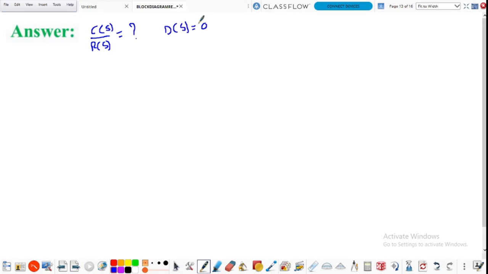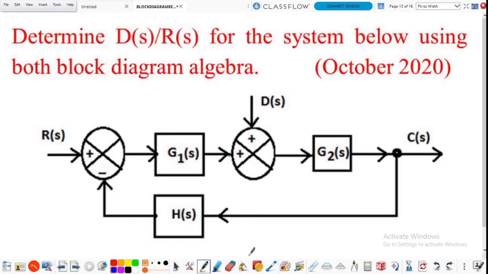D of s equal to 0 means neglecting this summing point, removing this summing point. So removing this summing point, draw the equivalent diagram.